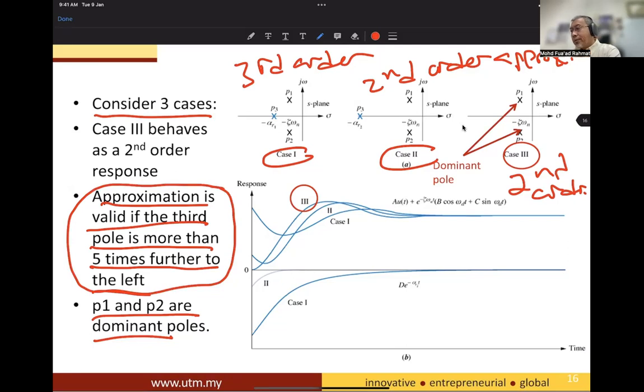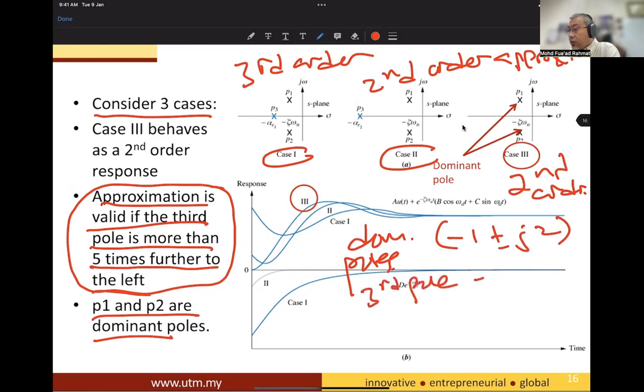So let's say we have -1 plus minus j2, this is the dominant pole. Let's say we have a third pole equal to -10.